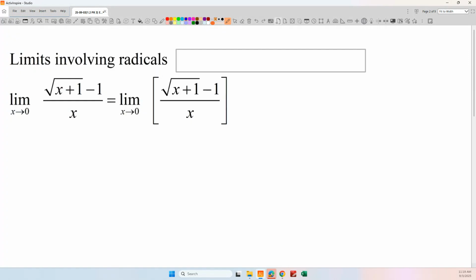What else, though? It was the right idea. You might think of multiplying the top and the bottom by the expression that's on the top. That's a reasonable thing to try, and a lot of times that's a suggestion.